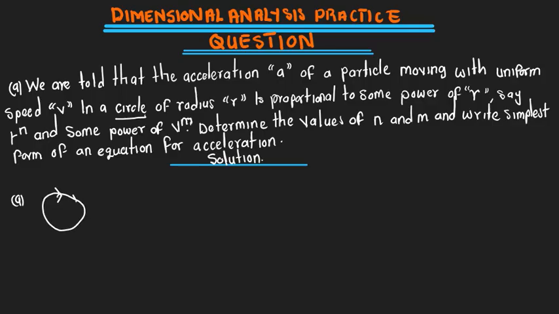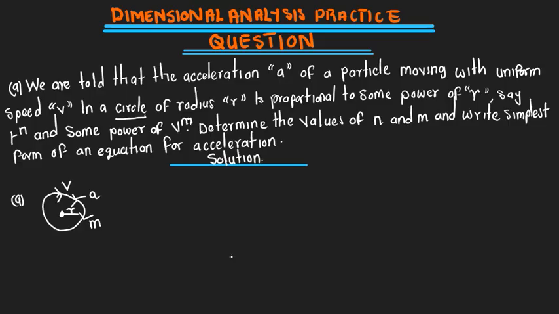For this object to maintain a circular motion, there is a certain force acting at some point in the middle, defined by a certain radius, which is maintaining this particular object to move in a circular manner. This object is moving with a certain speed, which we can call v, and at the same time, it is accelerating at some point a. And because it's a particle, it possesses a certain mass.